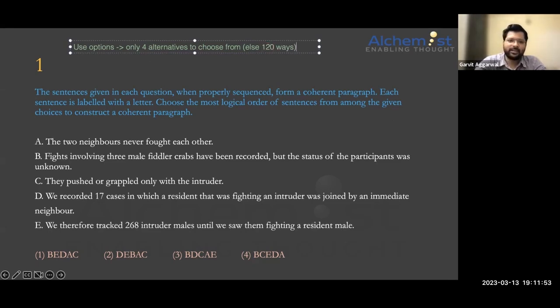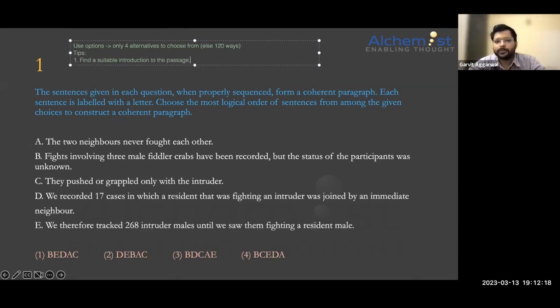But there are certain observations and certain tips that I can share with you that work in reducing the time limit and giving you the right answer. First of them is to find a suitable introduction to the passage.